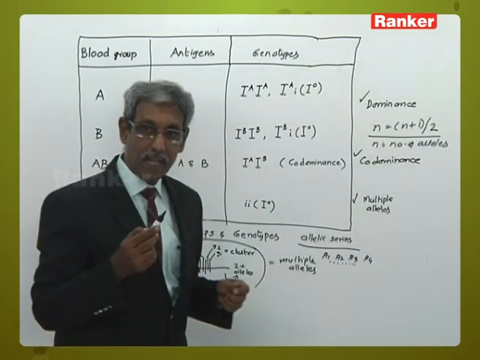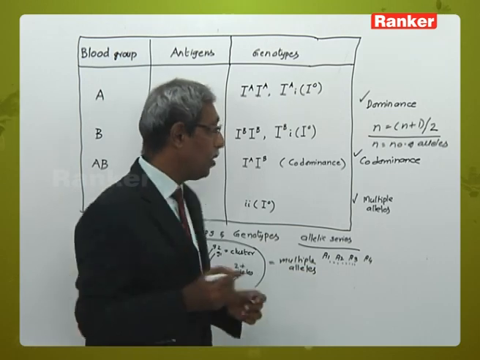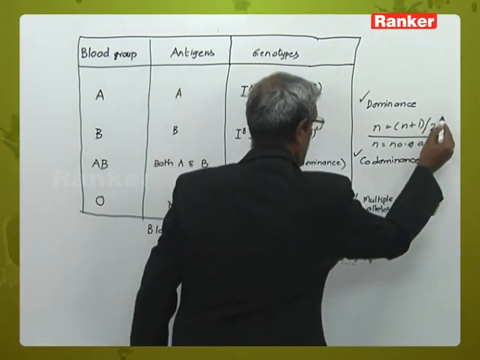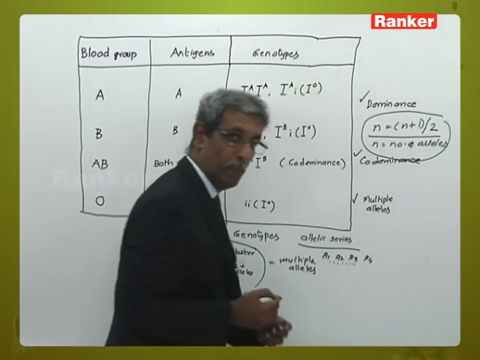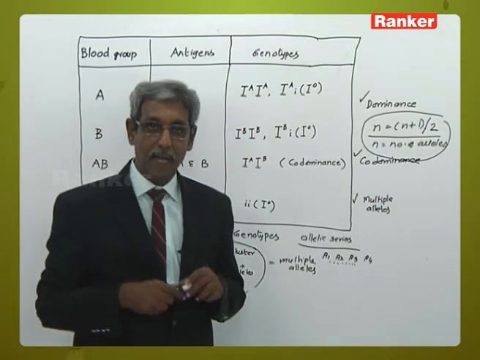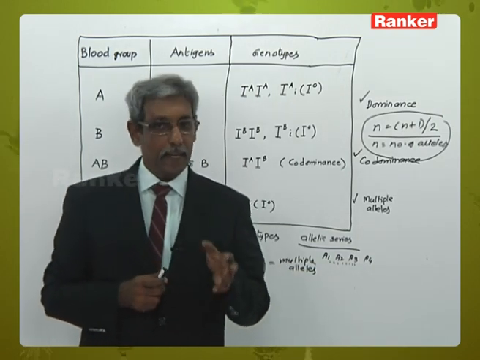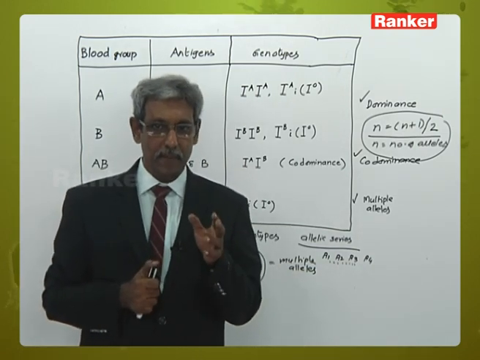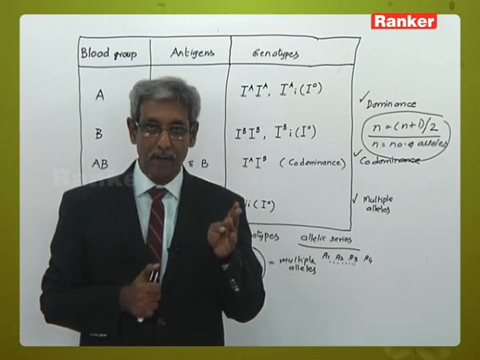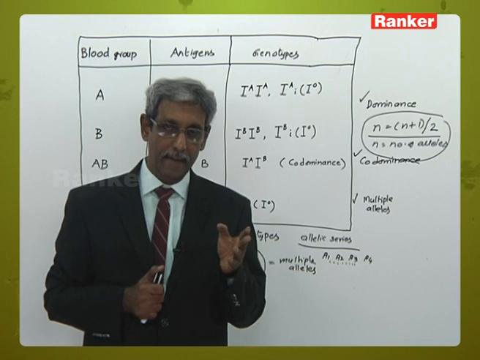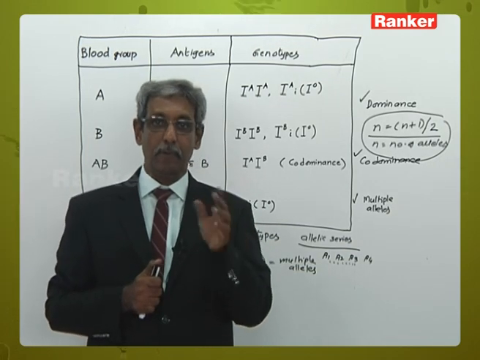The number of genotypes possible in an allelic series is always given by the formula n(n+1)/2. Many times in a problem they will say the number of alleles at a particular locus could be 4 or 5 or 6 or 8, and immediately they will ask how many types of genotypes are possible.